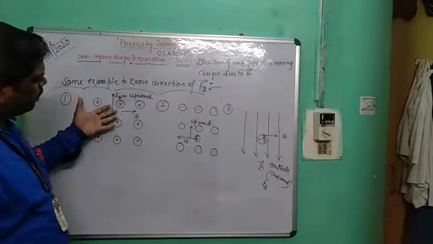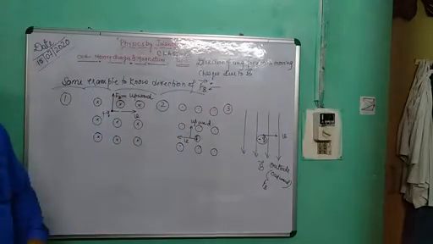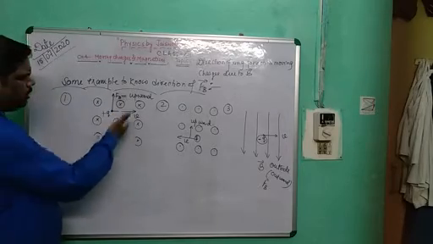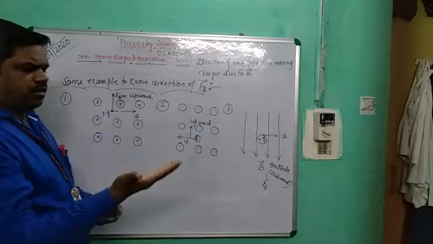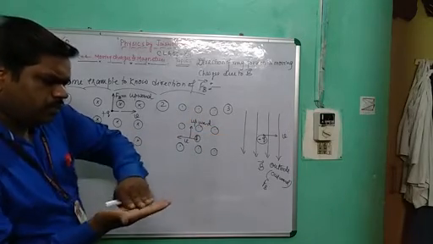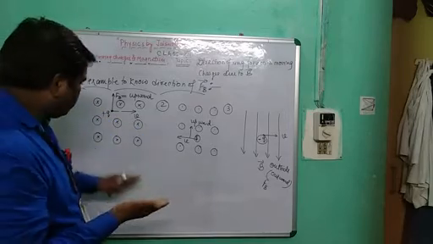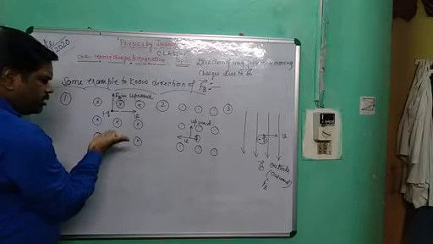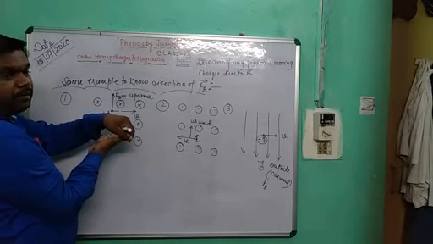For any of these questions, we can also use the right hand palm rule. For this question, the magnetic field is inside, so let us apply the right hand palm rule. This finger is the direction of magnetic field, which for this question is inside. This thumb gives the direction of velocity of the moving positive charge.